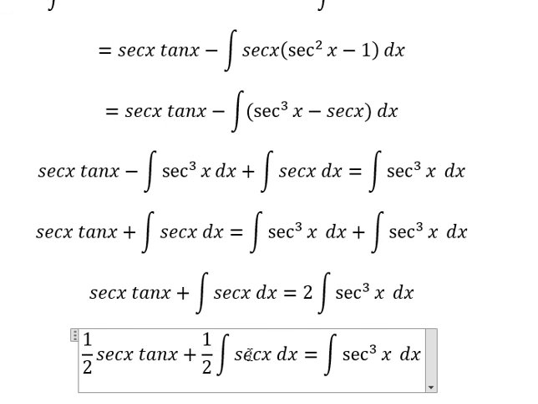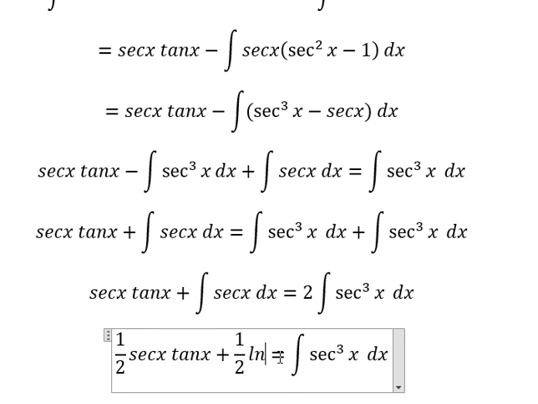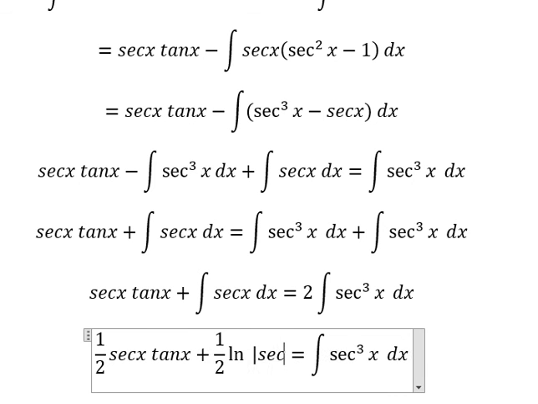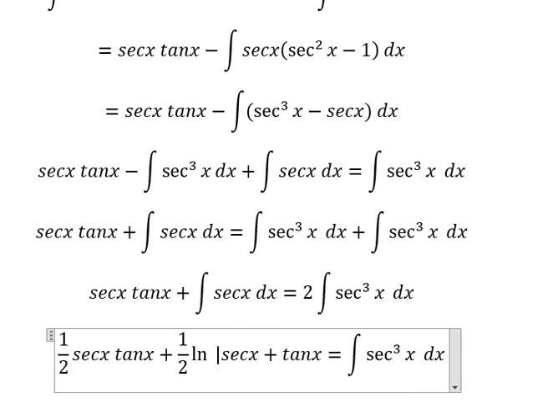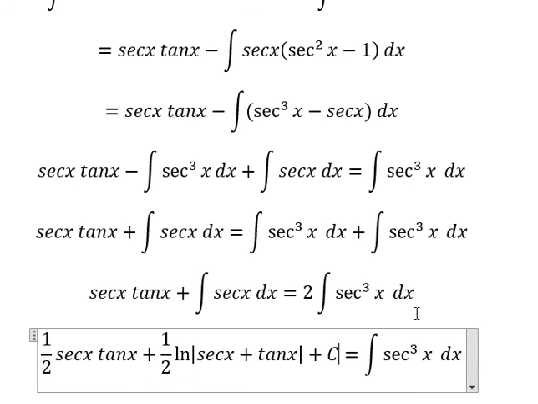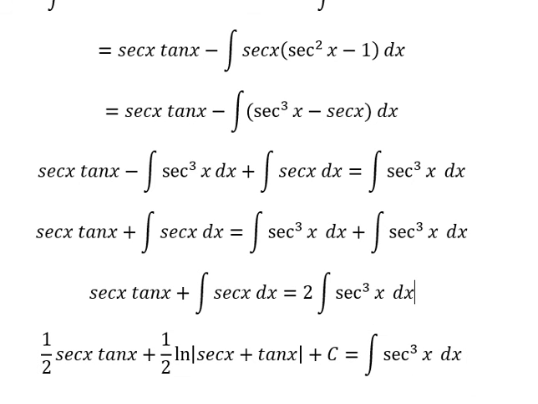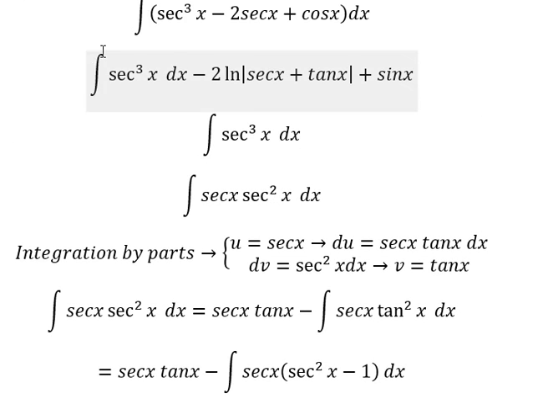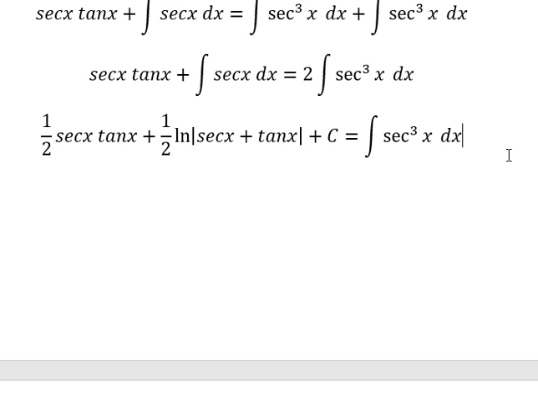And this integration we get ln of the absolute value of secant of x plus tan x, and we put plus c. And now we put this one in here, and we get the final answer.